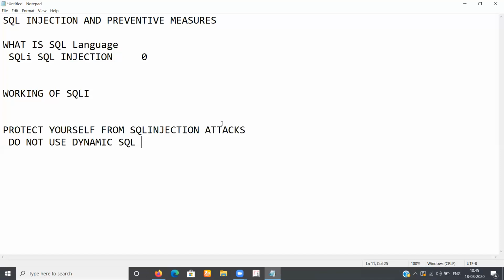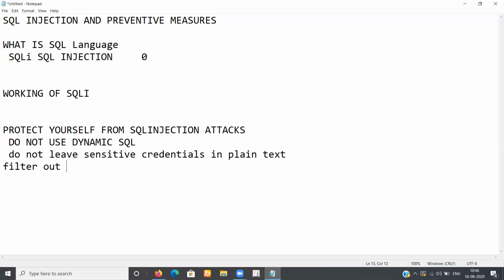So these are how to protect yourself from SQL injection. Our first was do not use dynamic SQL. Next one is do not leave sensitive credentials in plain text. Next one is filter out user provided input.